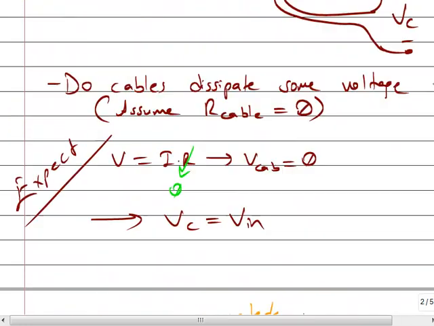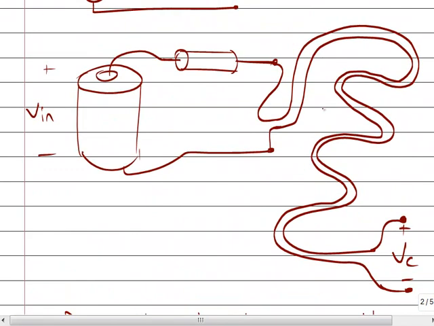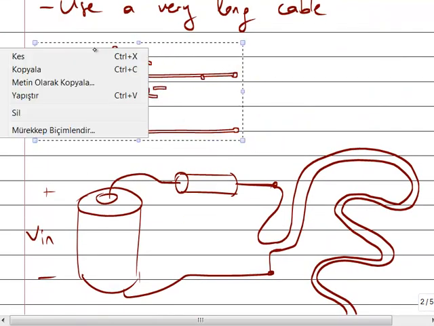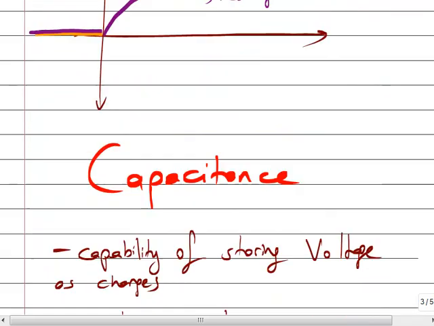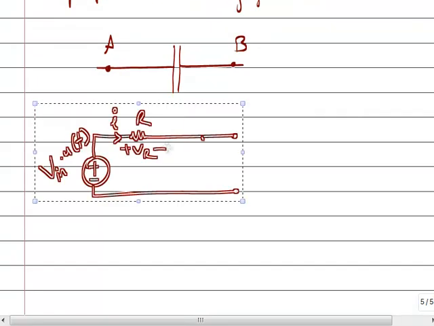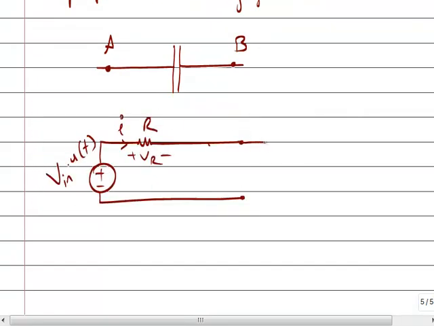There is a capacitance property of this cable. Instead of that cable, I will use a capacitor to model this circuit. This is the real circuit. Let me model it using circuit components. This was the old circuit model, and this is the capacitance property of the cable.